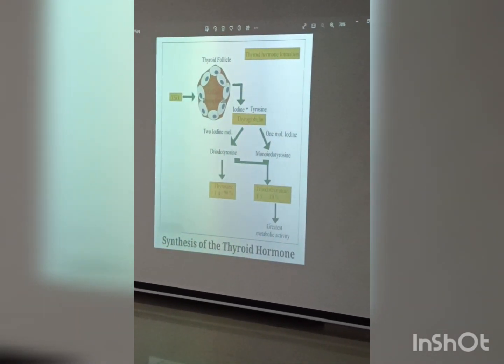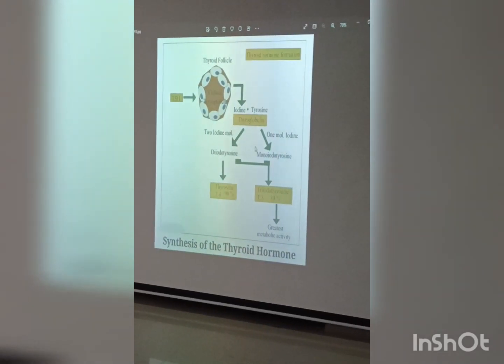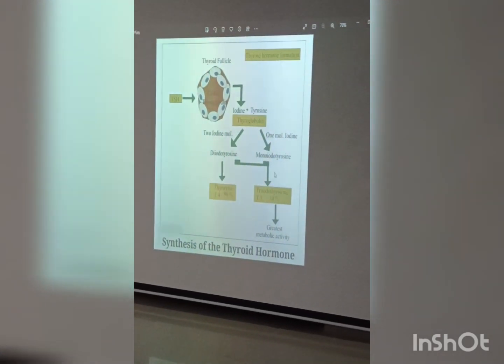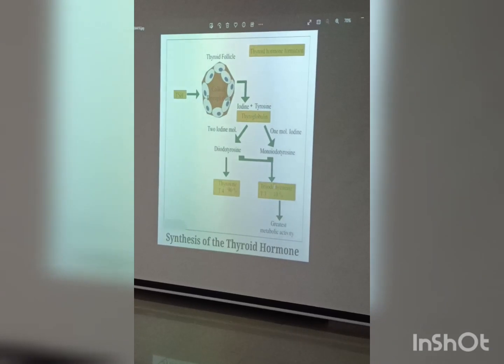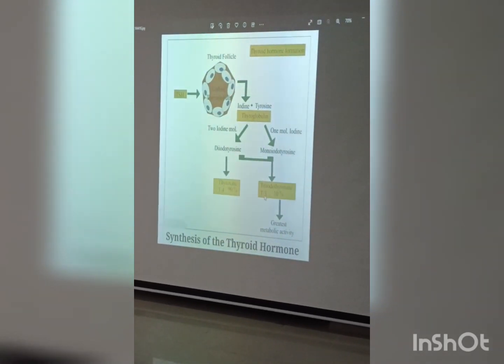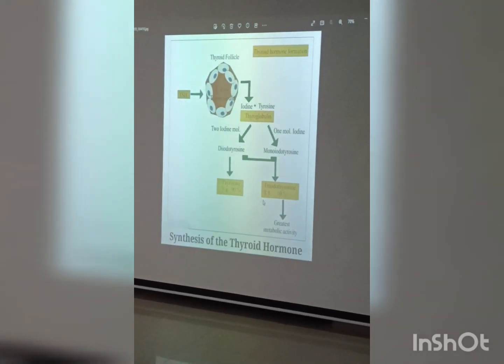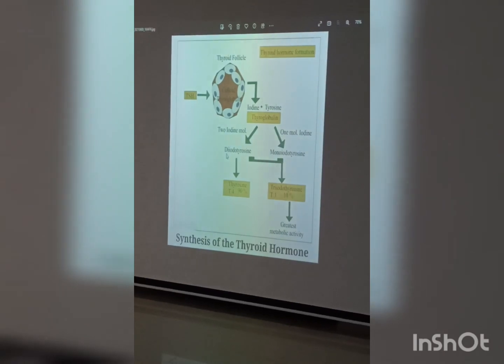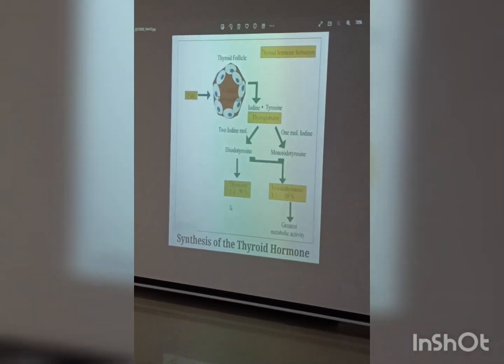On one side you see diiodotyrosine, on the other side MIT, right? When DIT and MIT combine, they result in the formation of T3. When a DIT molecule combines with another DIT molecule, you get T4, right?